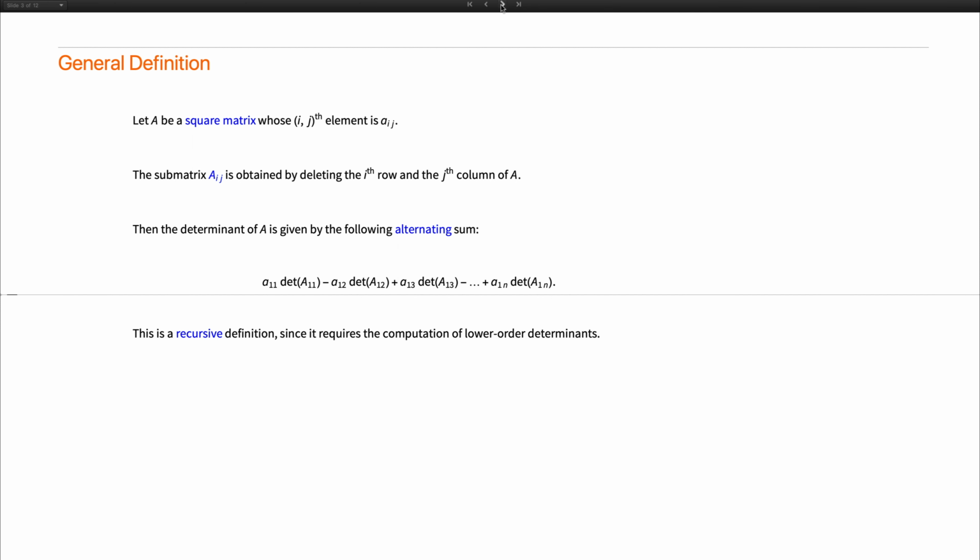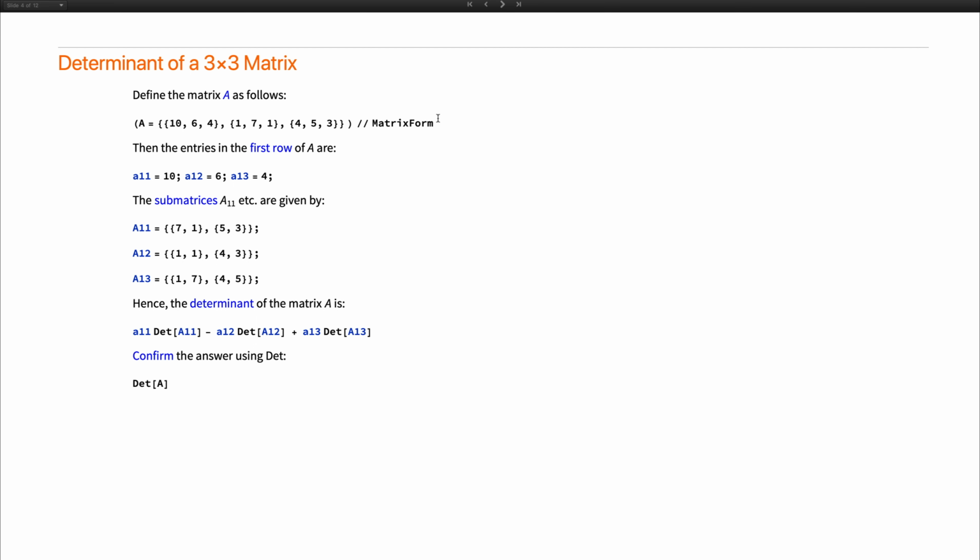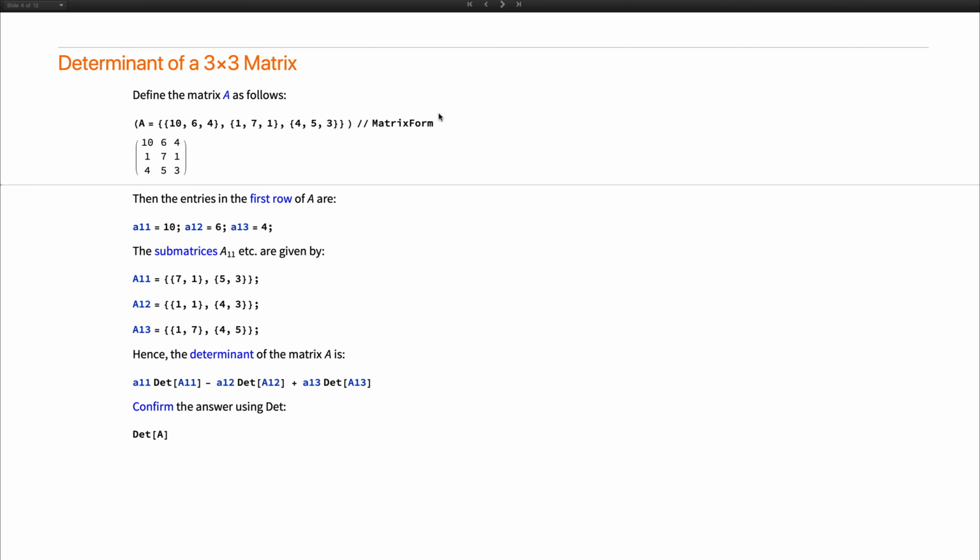As an example, let's take a 3 by 3 matrix A. Looking at the first row, 10, 6, 4, let's call these a11, a12, a13. Then you begin by deleting the row and column as required. For the element 10, you delete the first row and the first column, so you get the submatrix capital A11, which is 7, 1, and 5, 3.